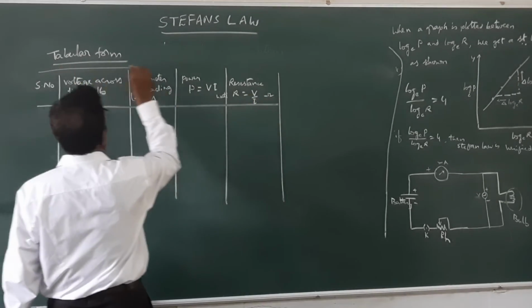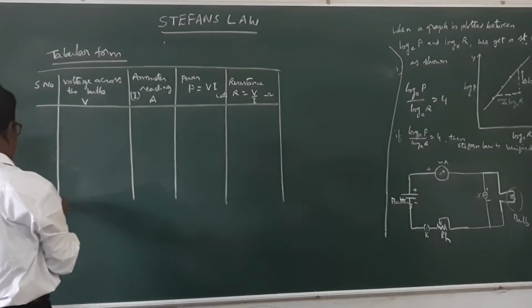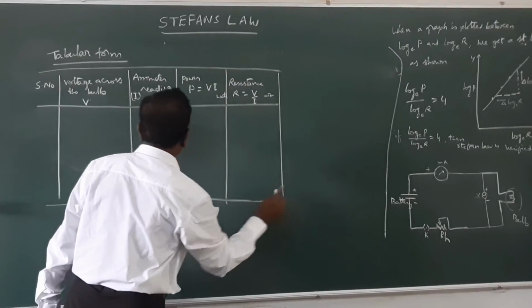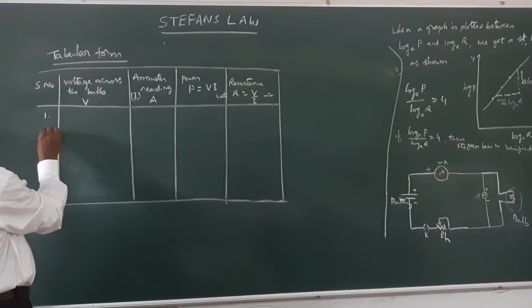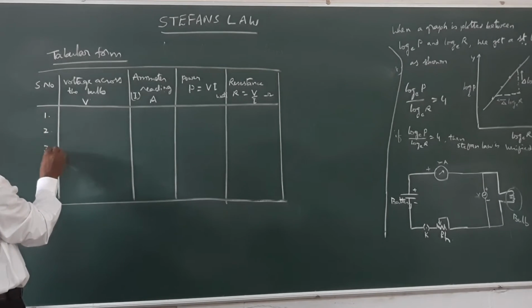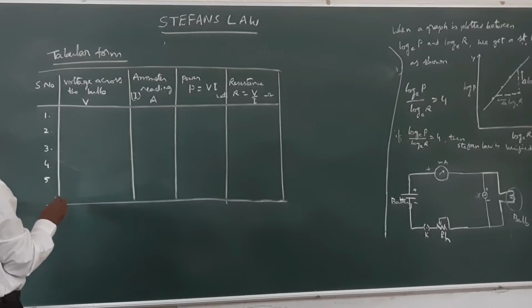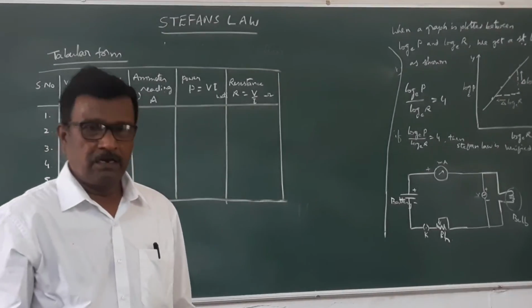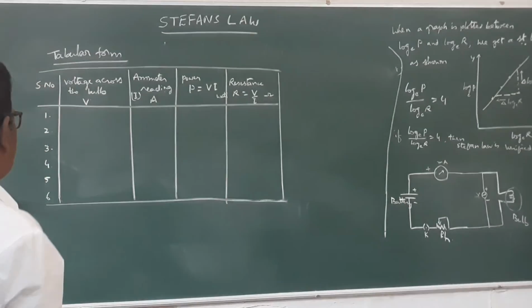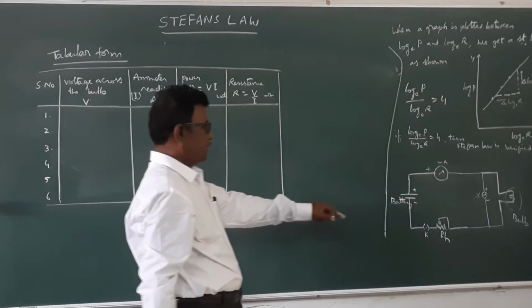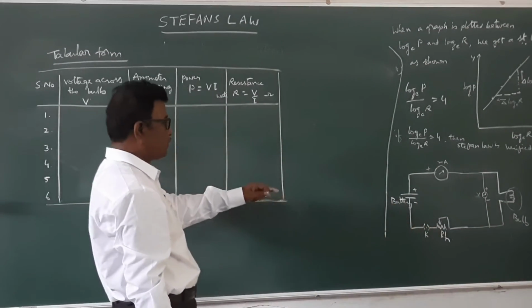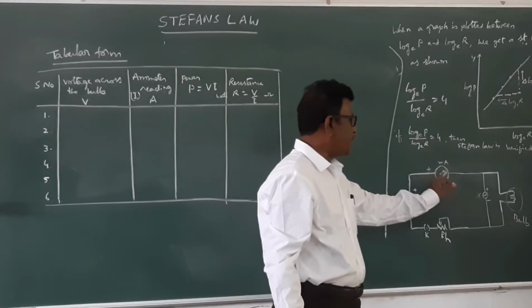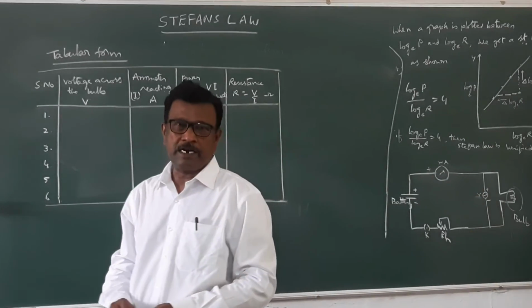This is the tabular form we should use. Therefore, take at least 5 or 6 readings. After conducting the experiment, we should take the readings in the ammeter as well as voltmeter.